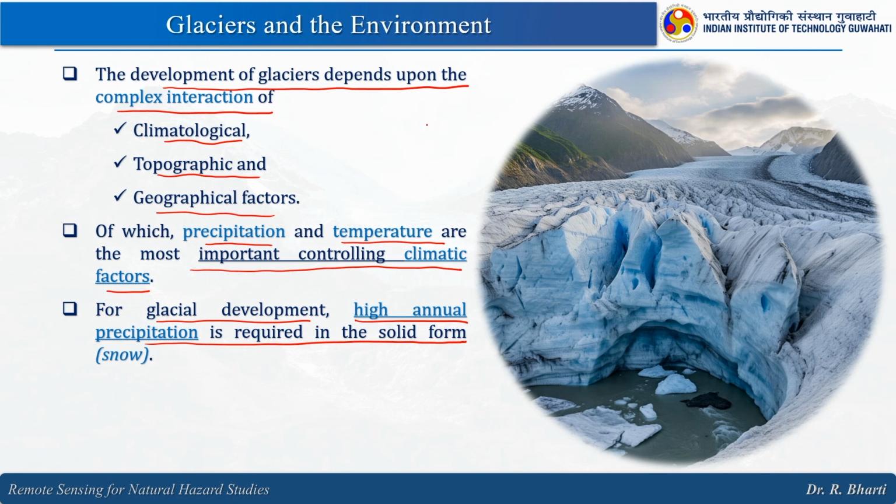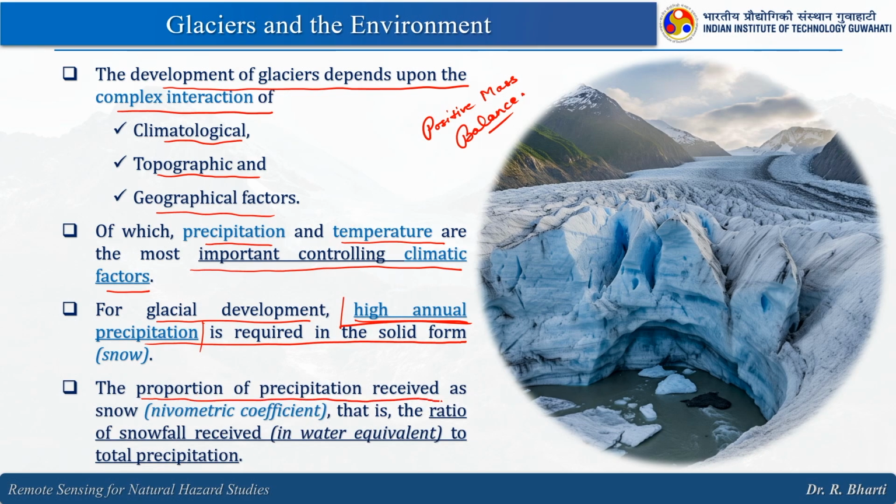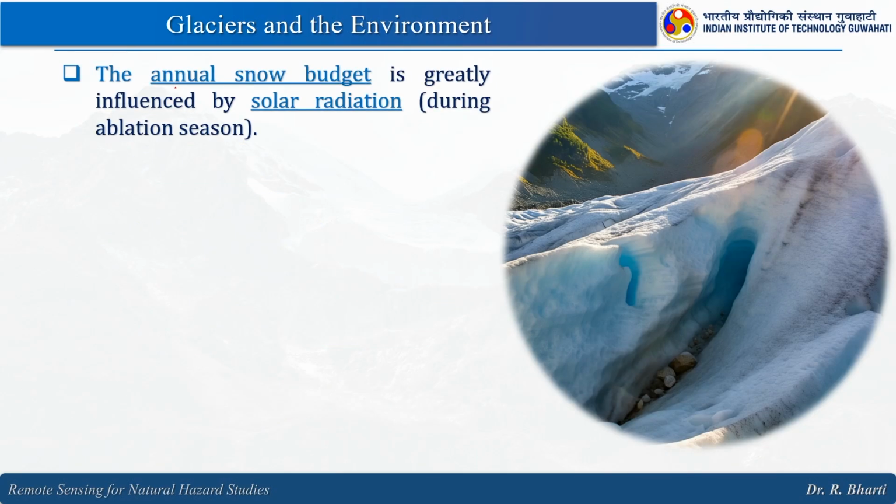That is why, if you remember, the positive mass balance will only happen when you have high annual precipitation. The proportion of precipitation received as snow is the ratio of snowfall received to total precipitation. The annual snow budget is greatly influenced by solar radiation, because the amount of energy falling on the surface defines whether the snow will remain or melt out.